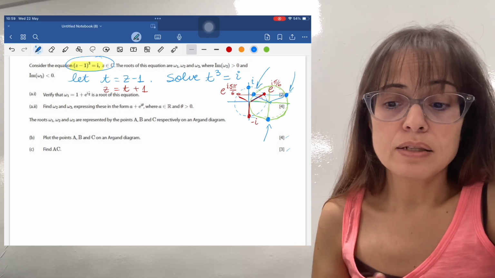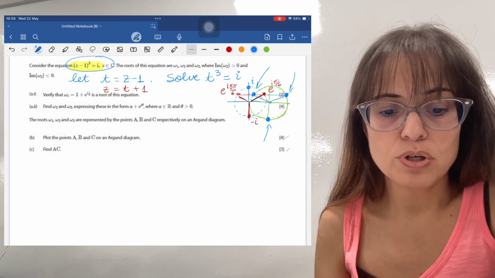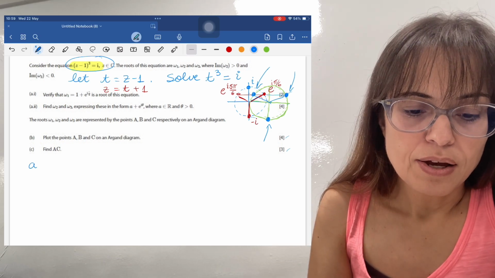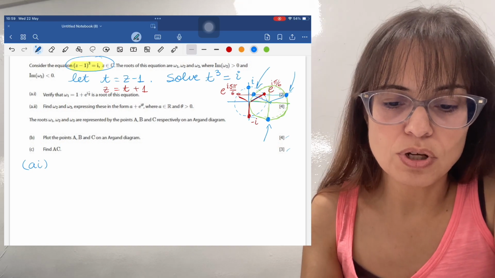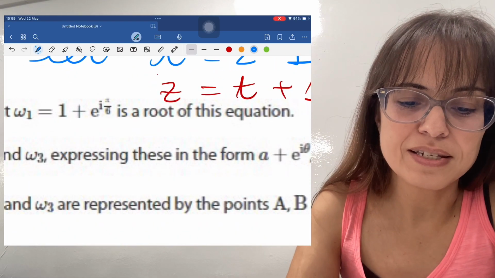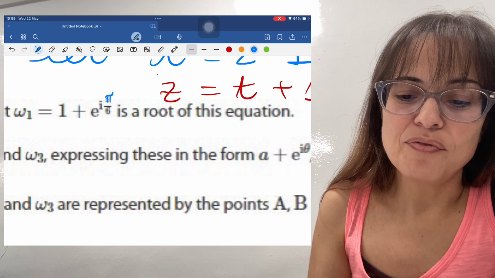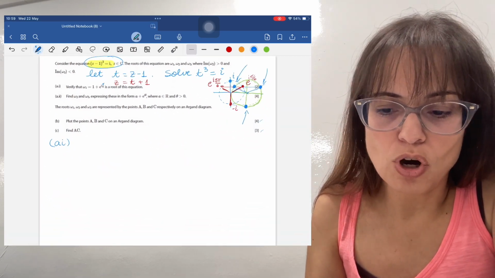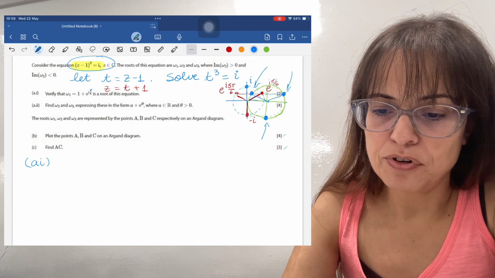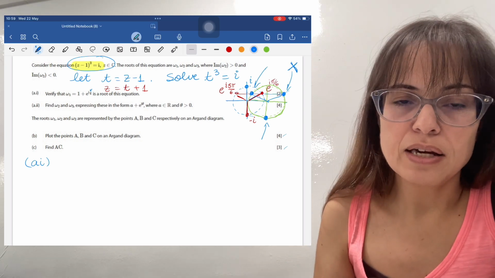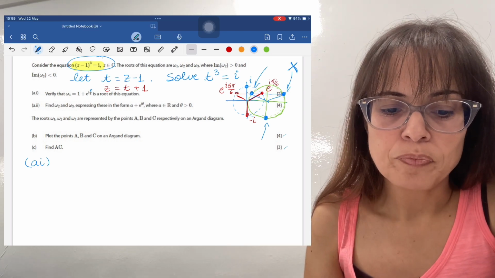Now that I've done that, let's see what the question wants me to do. A(i), verify that 1 plus e to the i pi over 6 is a root of the equation. Well, yeah, that is the first blue point there. That is a root of the equation.